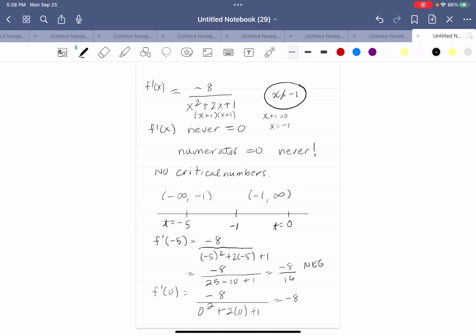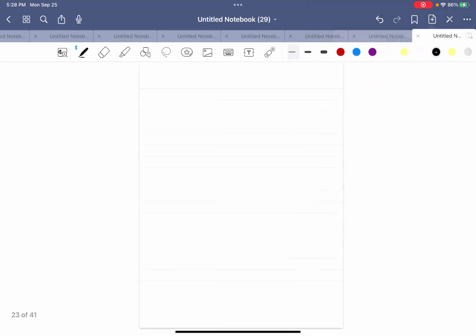That's negative 8 over 1, which is also negative. So what this means is that this function has a derivative that's negative to the left of negative 1 and negative to the right of negative 1.